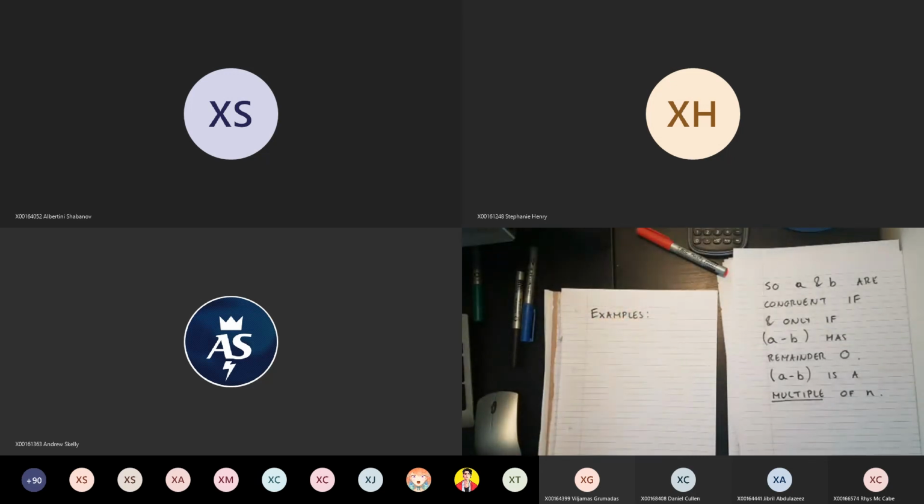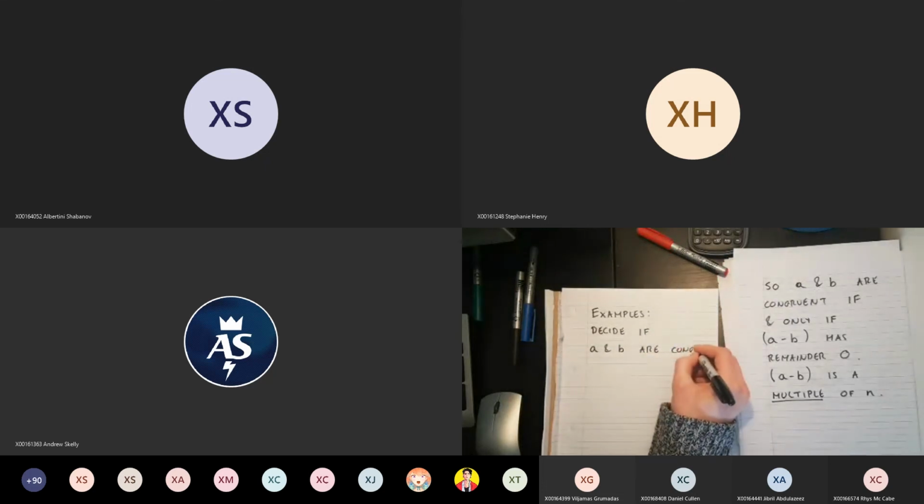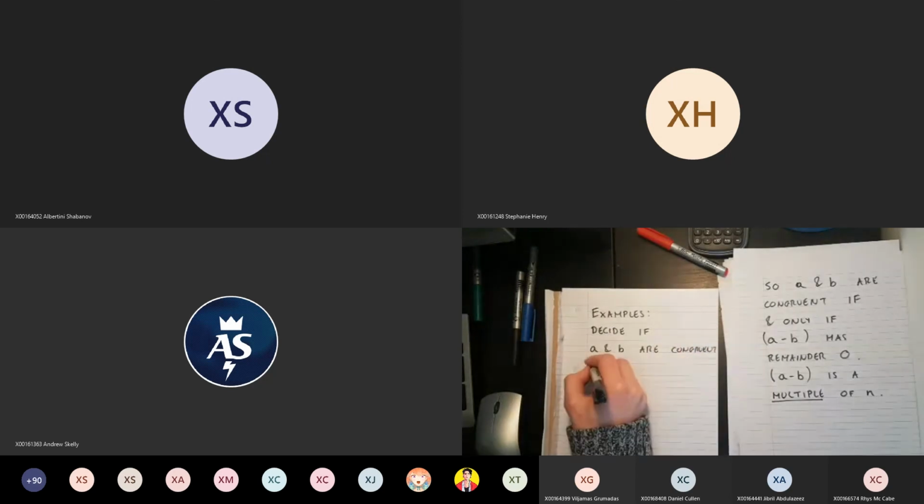Let's do some examples. Let's say I want to decide if A and B are congruent in mod n. I may take an example from the notes here, but it's okay, I can make them up.